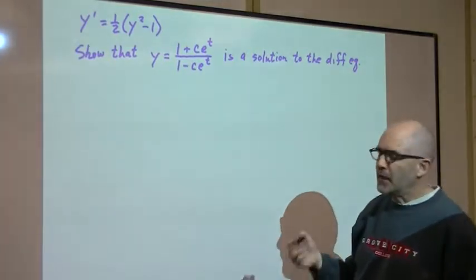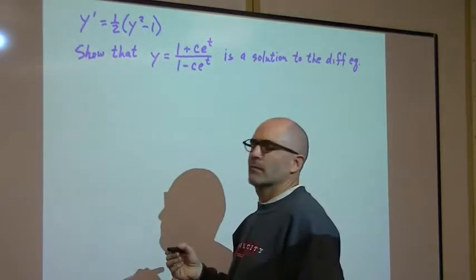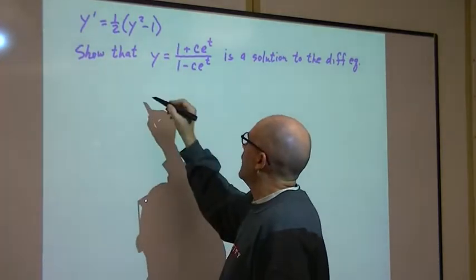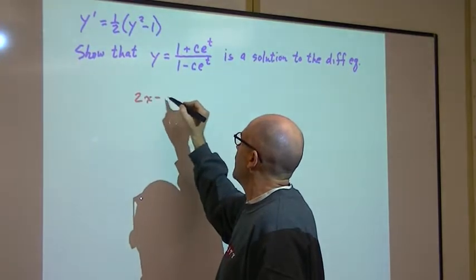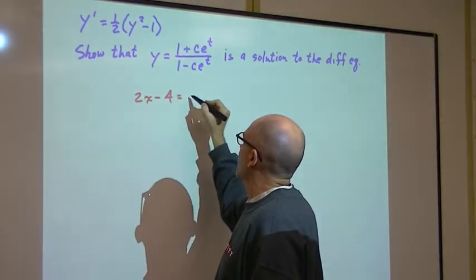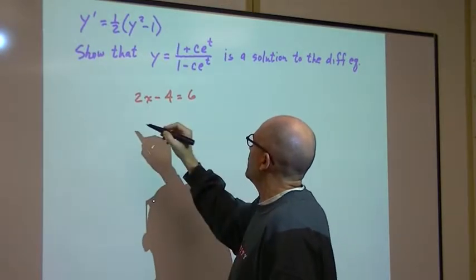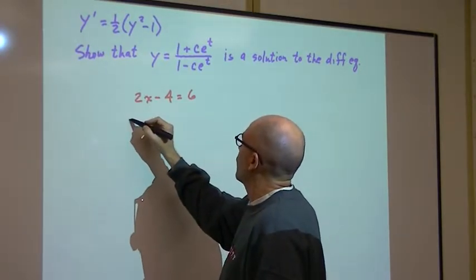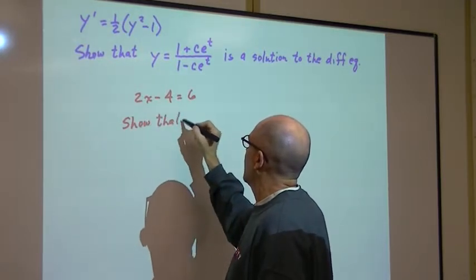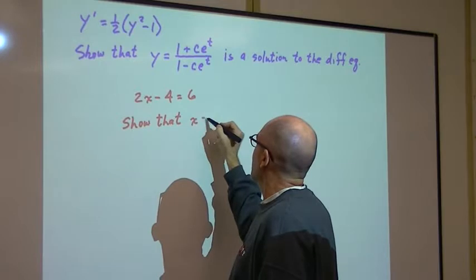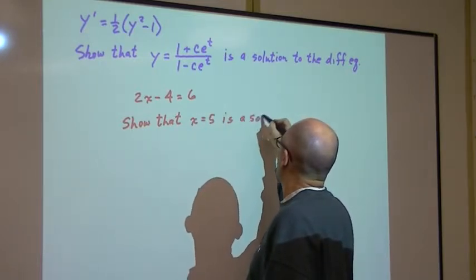Okay, so this is basically like if I was in pre-algebra and I have the equation 2x minus 4 equals 6, and I'm saying prove or show that x equals 5 is a solution.